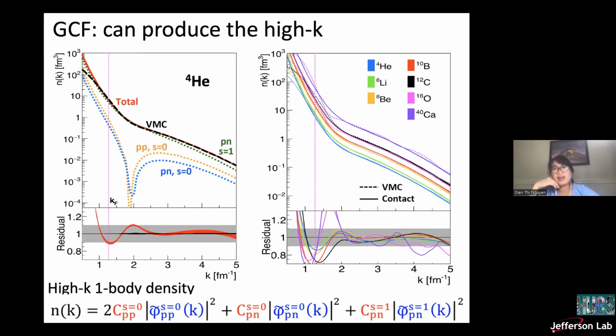So this one is the PP term and the Pn spin-one term, right? When we calculated the distribution, we see that the tensor term is dominant here. That is how it behaves. I don't know how much more I can say about that.